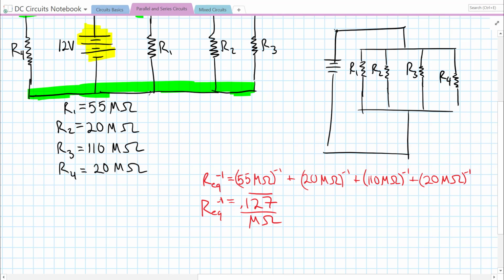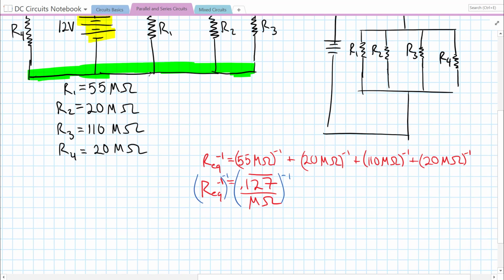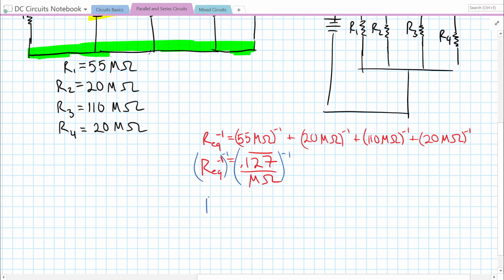We still need to take the reciprocal of both sides, raise everything to the minus 1 power again to get back to our units of resistance, and then we get R equivalent is equal to 7.9 ohms. Much less resistance when we add a bunch of resistors in parallel. That's that.